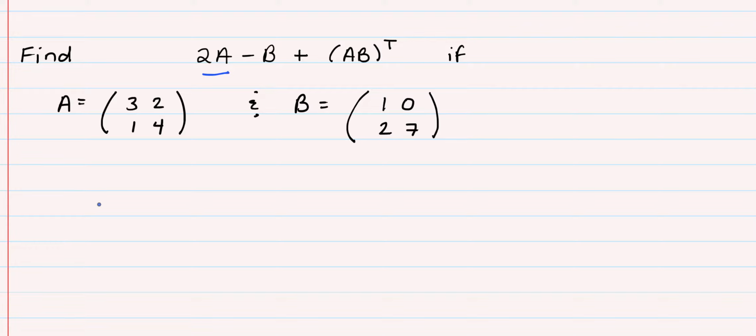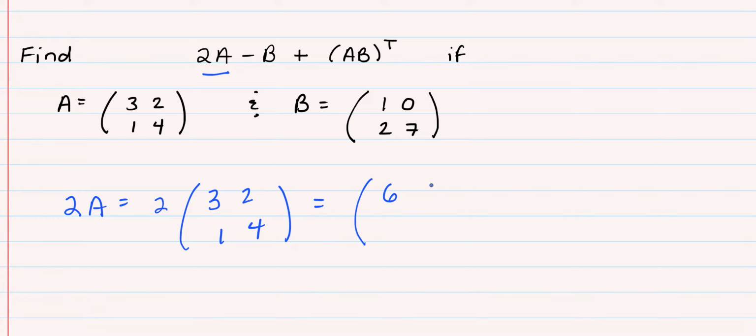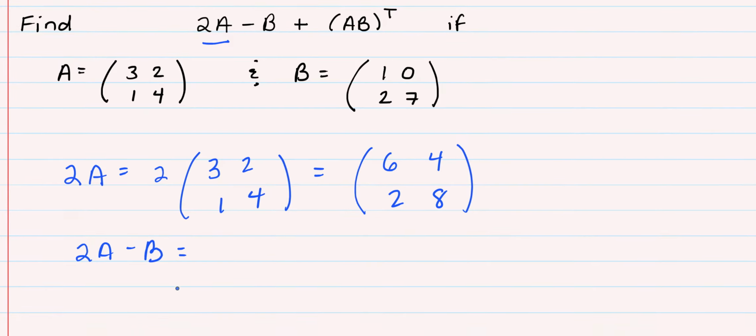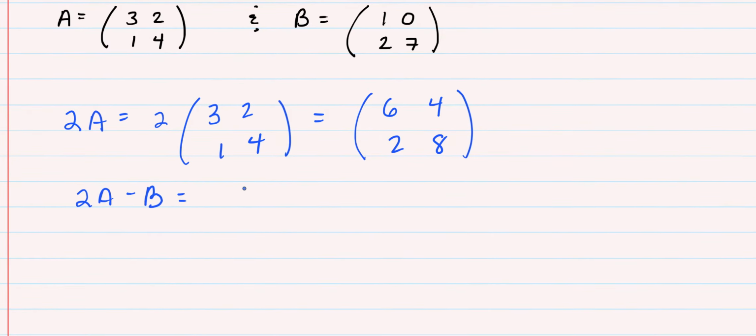Let's start with 2A. 2 times A is 2 times 3, 2, 1, 4, which if you remember from scalar multiplication, this is 6, 4, 2, 8. So I send in that 2 to every single thing inside the matrix. Now let's find 2A minus B. Well, 2A is 6, 4, 2, 8.